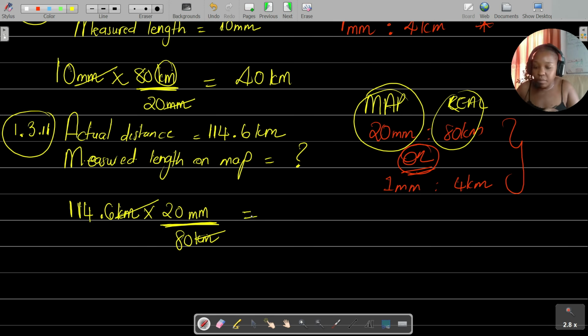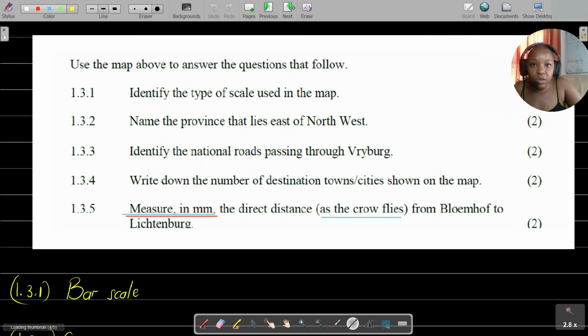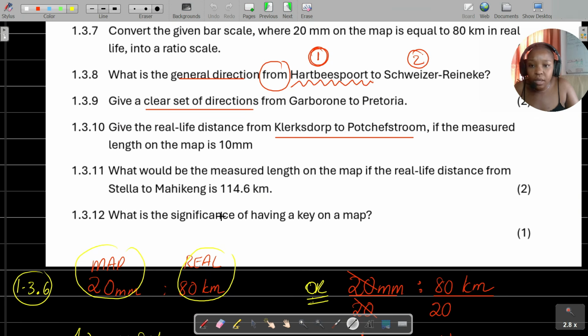Your answer will be in millimeters. So 114.6 multiplied by 20 divided by 80, you'll get 28,65 millimeters. So that's basically what the measured length is on the map. Right, cool stuff.